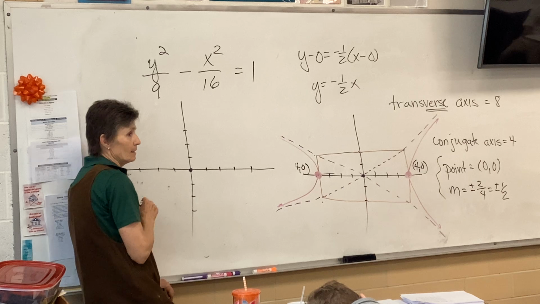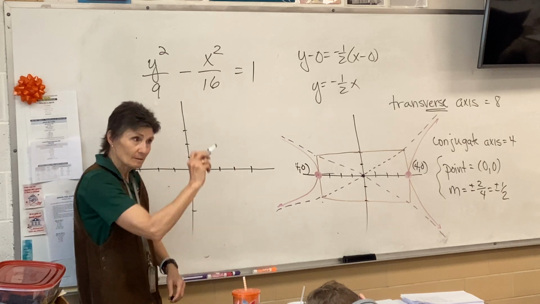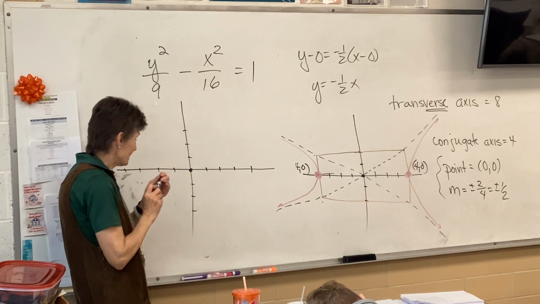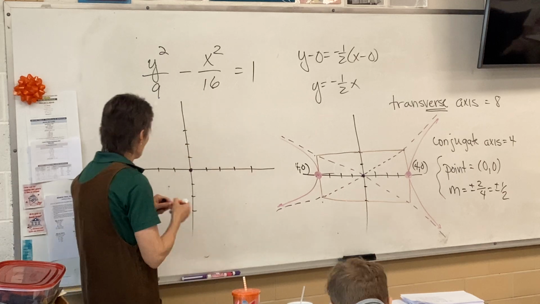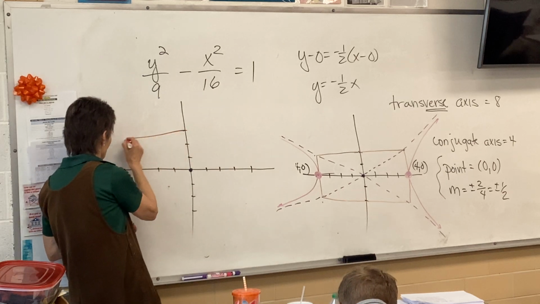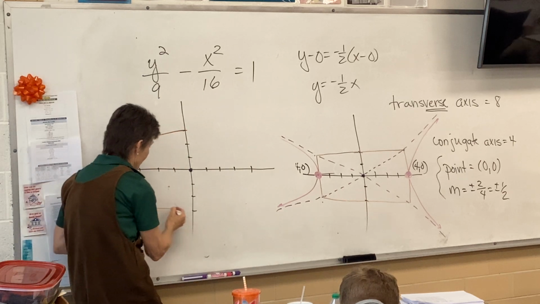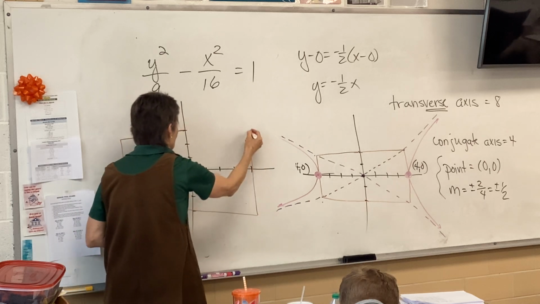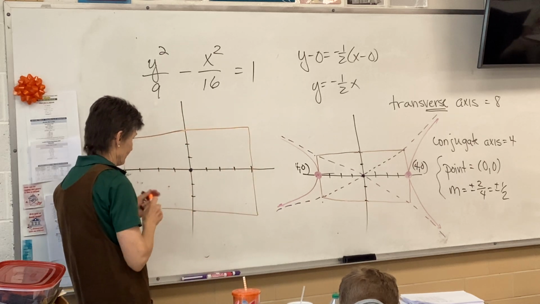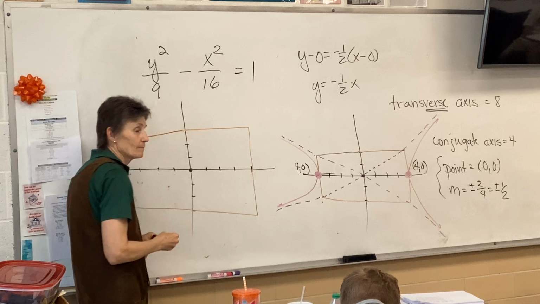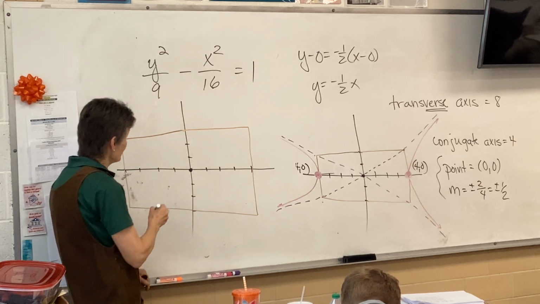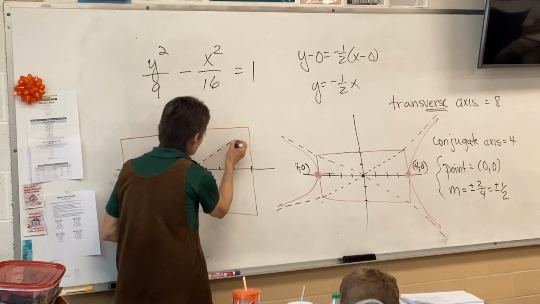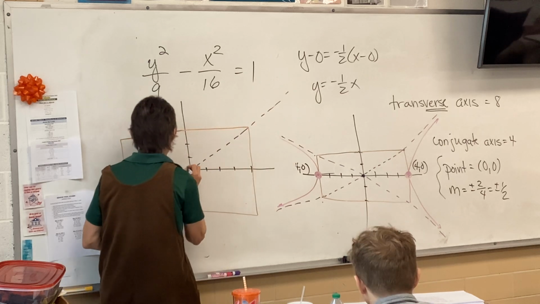Okay. Do not make an oval. Instead, make a box. And then draw in the diagonals of that box.